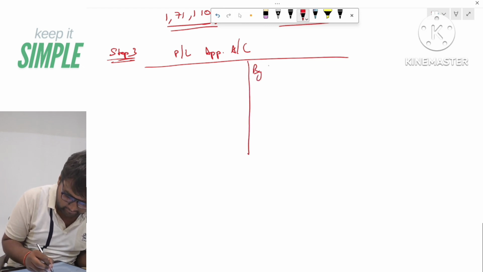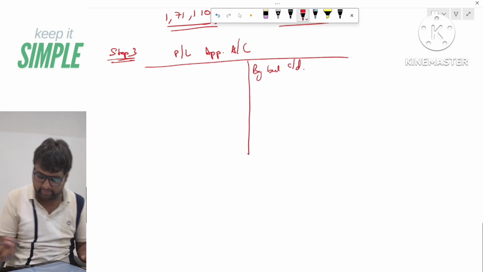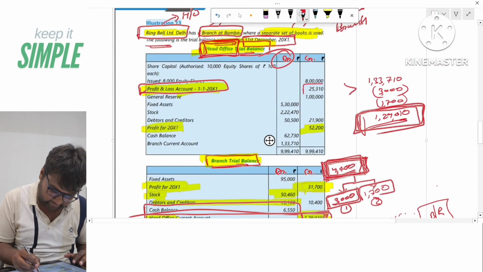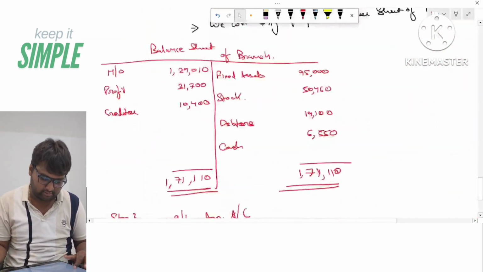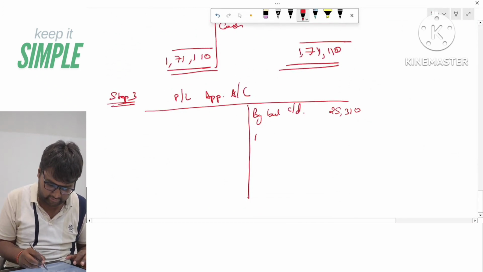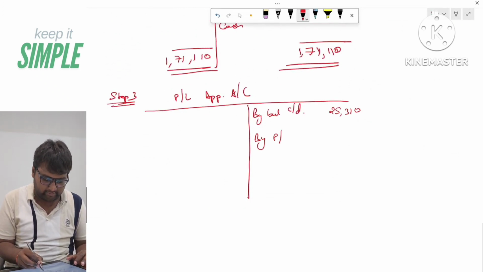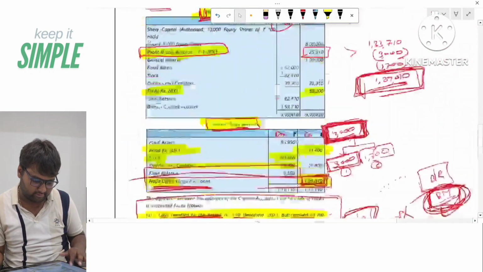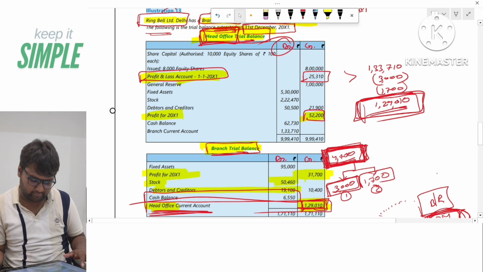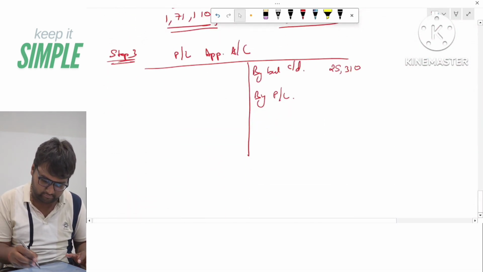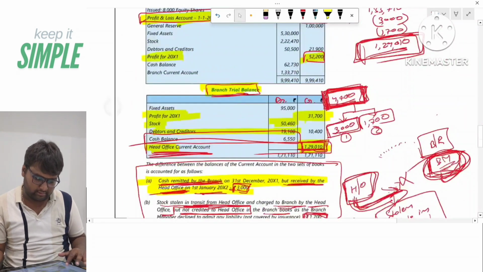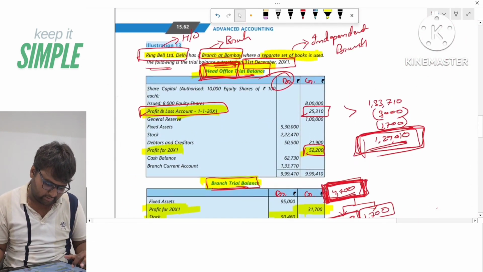By balance carried down 25,310, and by current year profit and loss 52,200. Then anything else?